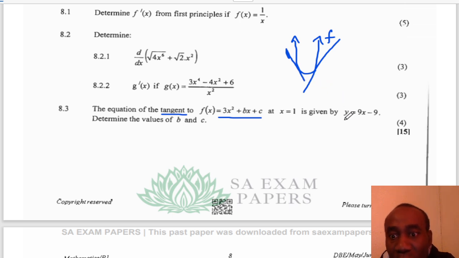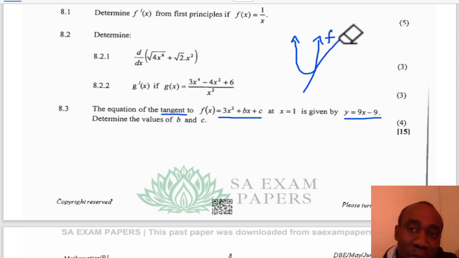This is the equation of the tangent, a straight line, and the gradient of this tangent is positive. So this tangent is ruled out because this is a negative line. So we clean this. It means the tangent will be somewhere here.